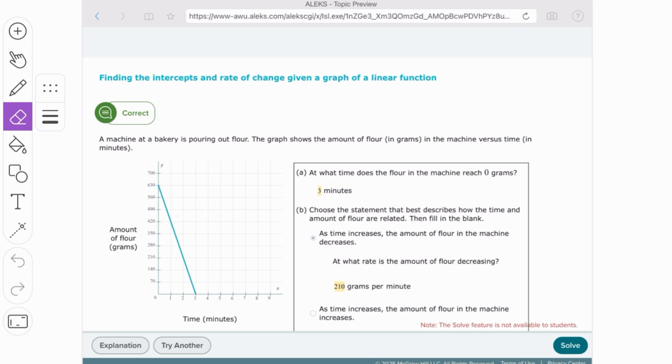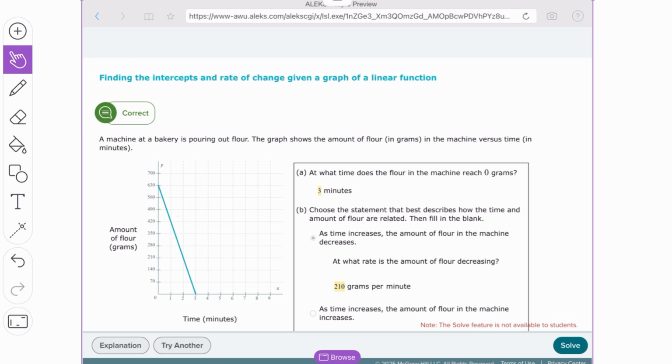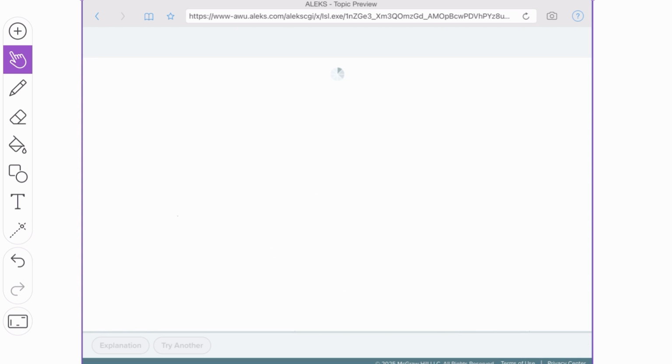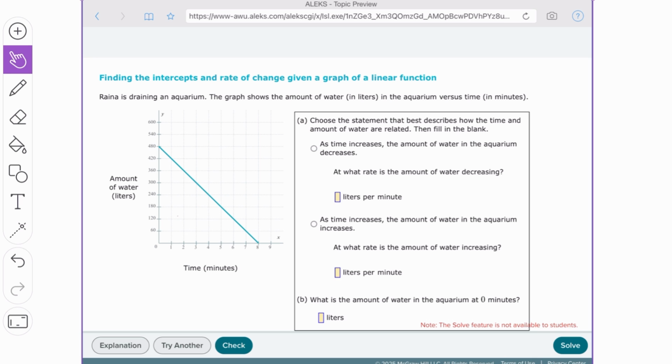Let's try one more. Okay, so we see that already this is a decreasing kind of function. So as time increases, the amount of the water in the aquarium decreases.